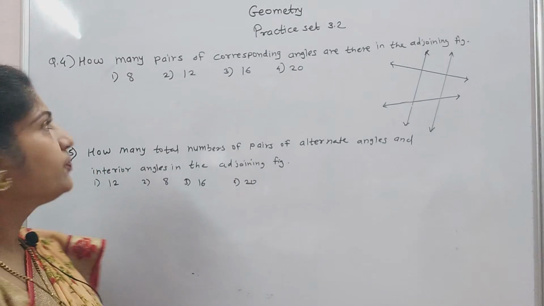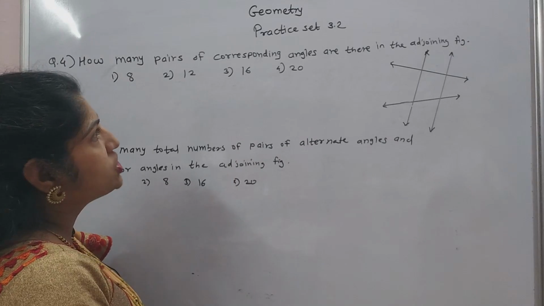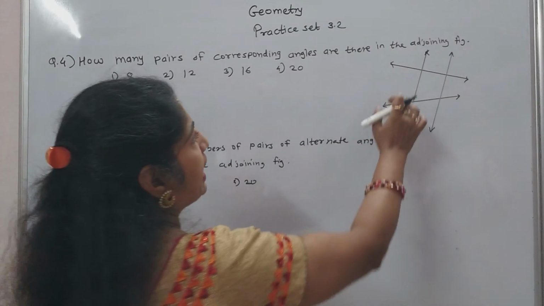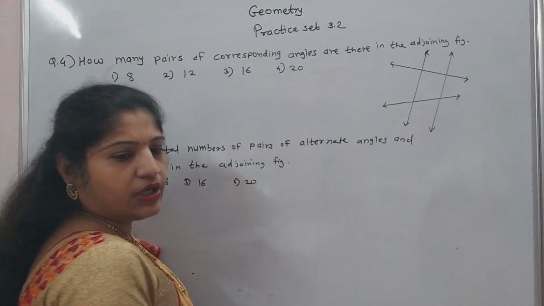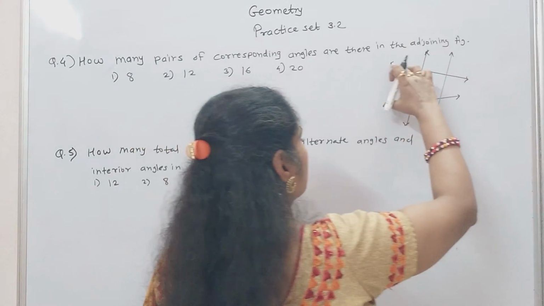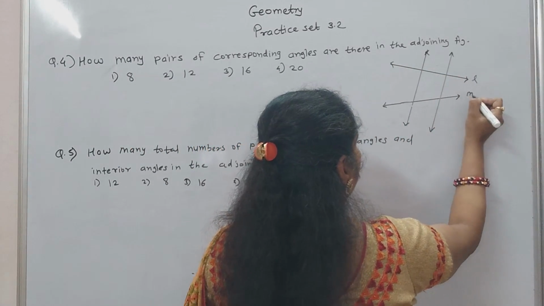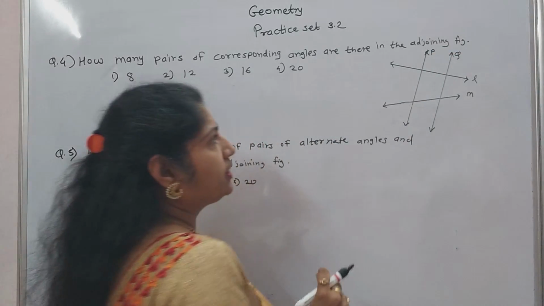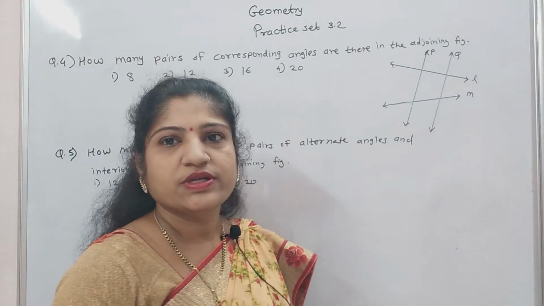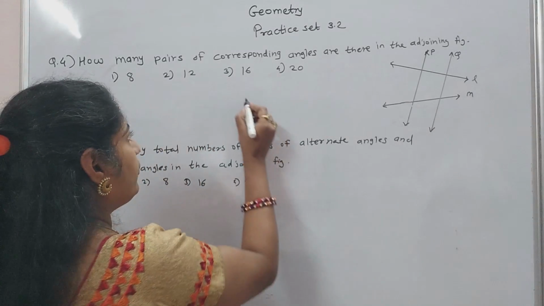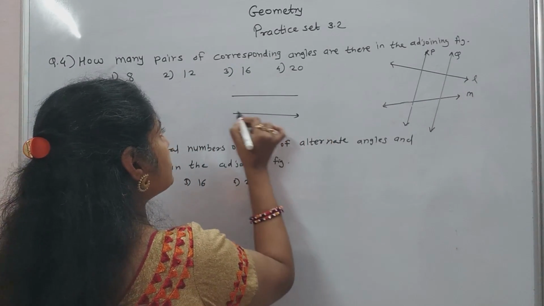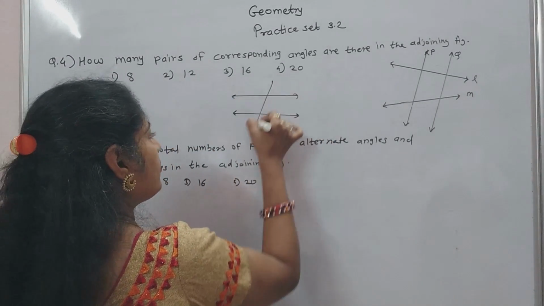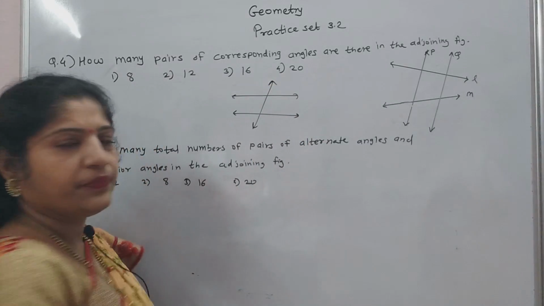Question number 4. How many pairs of corresponding angles are there in the adjoining figure? Here are 2 lines and 2 transversals. First of all, take two lines and P is the transversal. You know that when two lines and one transversal, there are four pair of the corresponding angle.